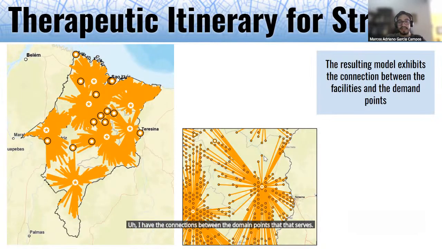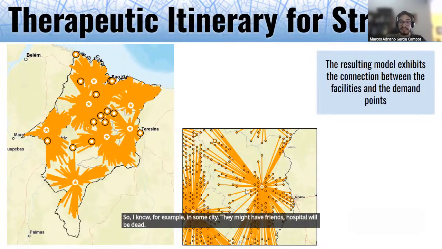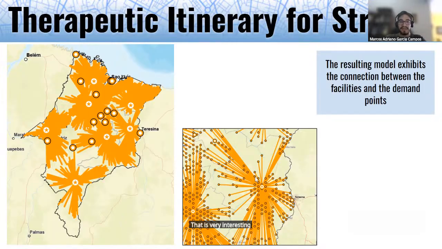So I can see where each demand needs to go to the facility. What is the responsibility of that facility according to the demand? So I know, for example, in some city, my reference hospital will be that. That is very interesting because I give responsibility to that facility and I can allocate the population here.